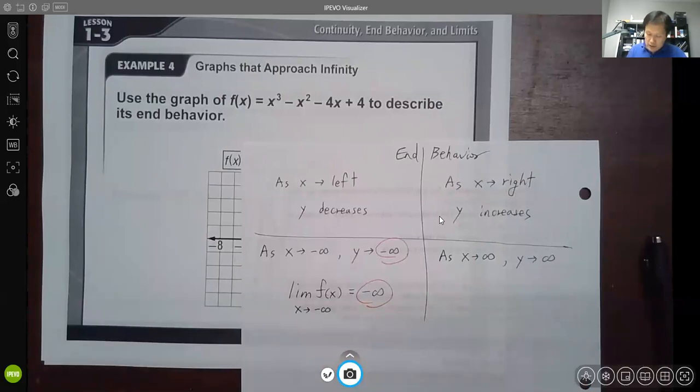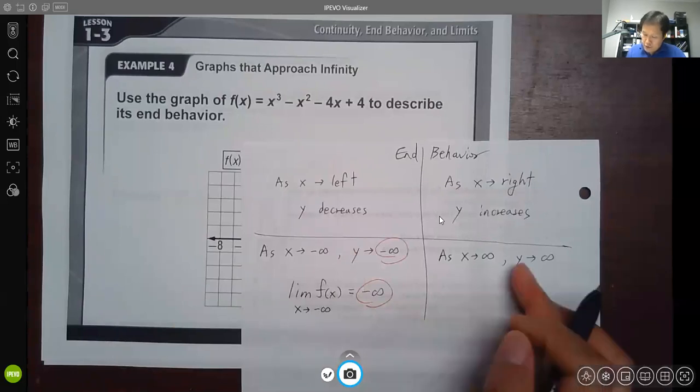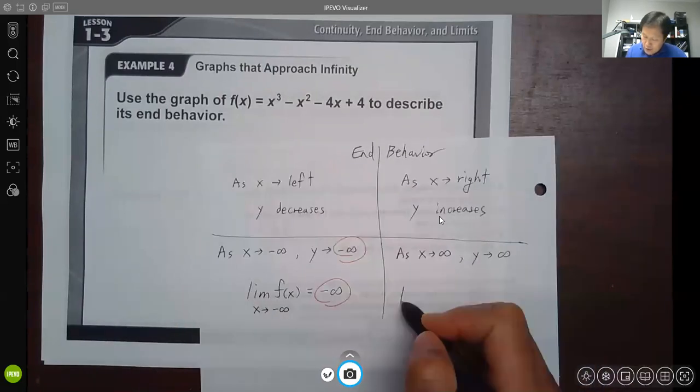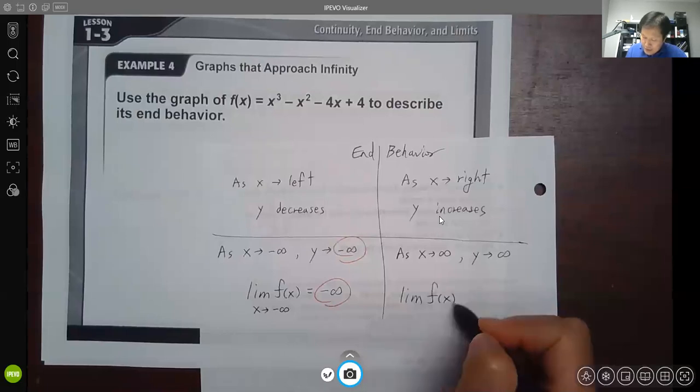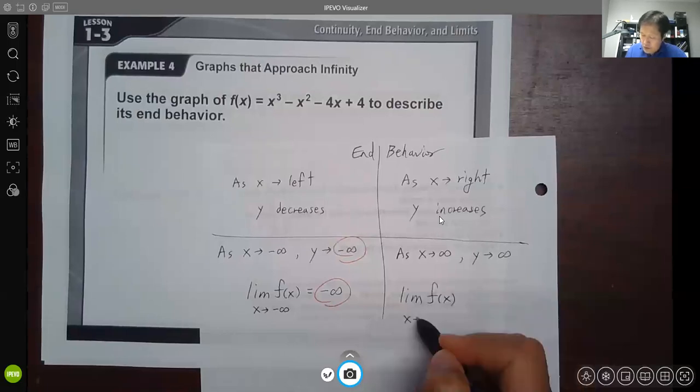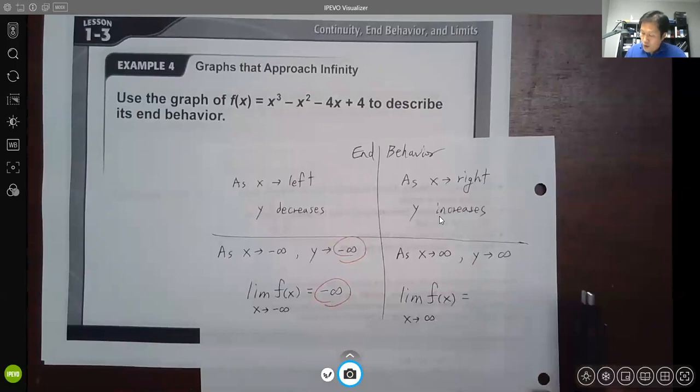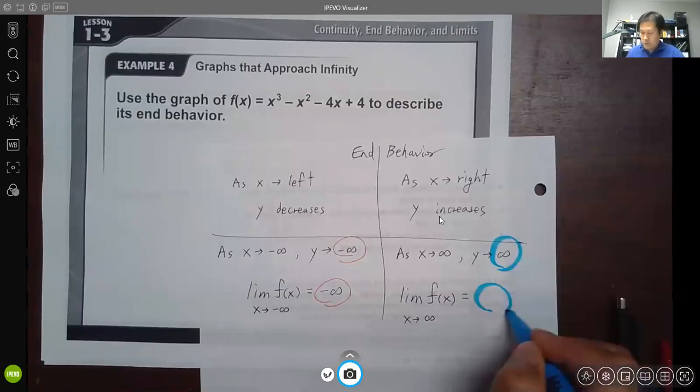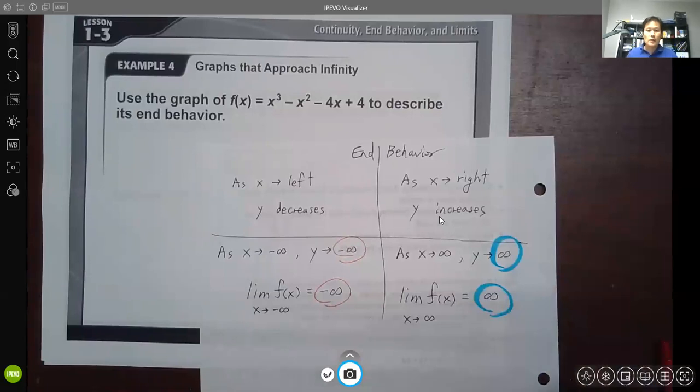It's exactly the same here. As x approaches infinity, y approaches infinity. How do you write that? The limit of f of x as x approaches infinity equals infinity. So it's very important for you to know how to write this.